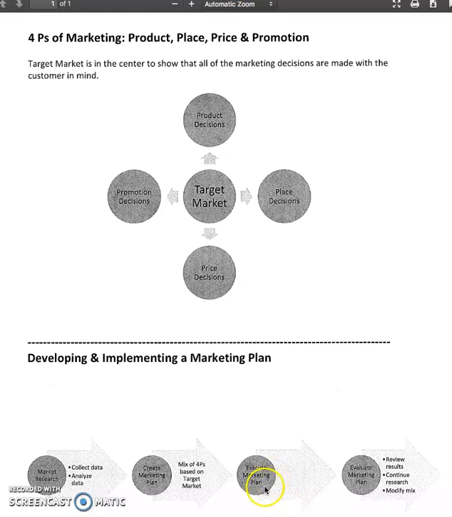And then we're going to execute the marketing plan, and then we're going to evaluate it. We're going to review the results. We're going to continue the market research, and we may modify the mix of the 4 P's depending upon if we're able to accomplish our goals and have the desired outcome that we want. Okay? So it really isn't that you create a marketing plan and you're done. You create a marketing plan, you implement it, and then you need to evaluate it.